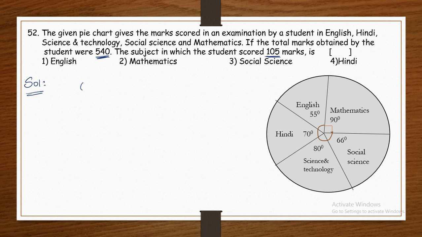Now already we know to find out the angle, we are going to have theta by 360 into total marks is equal to 105. That gives me my angle here. So if I want to find this angle, theta by 360 into 540 is equal to 105. So from this, in the 18 table, I can cancel out the 0s here.